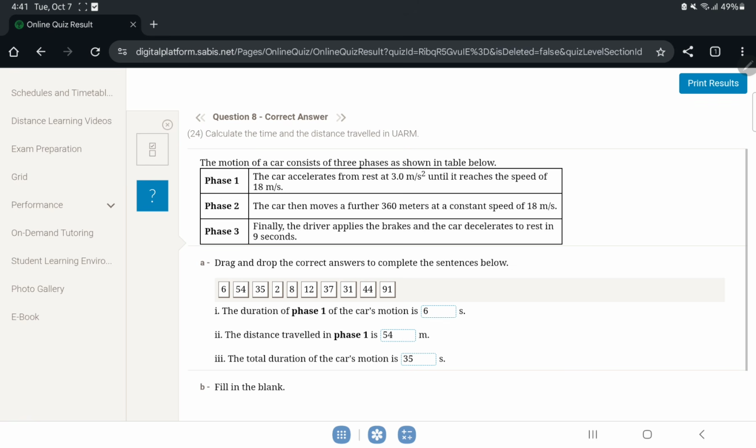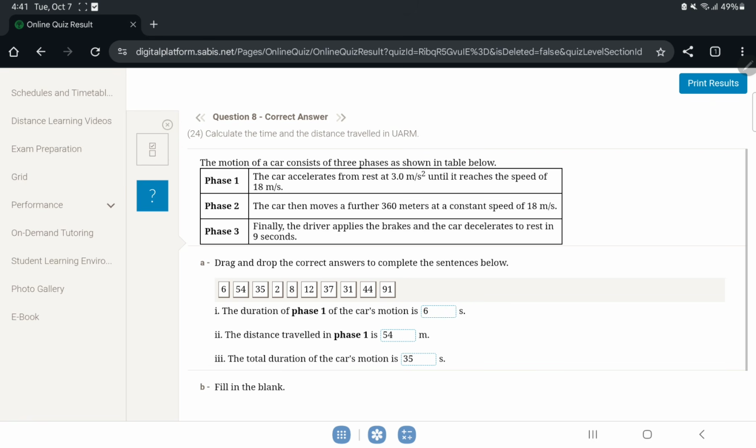Okay, the duration of phase 1 of the car's motion is 6 seconds. For this one we use UARM, we use v is equal to at plus v initial. The final velocity 18 is equal to the acceleration 3 times t plus v initial 0. So 3 times that will be 18, 6, so 6 seconds. Distance traveled in phase 1.